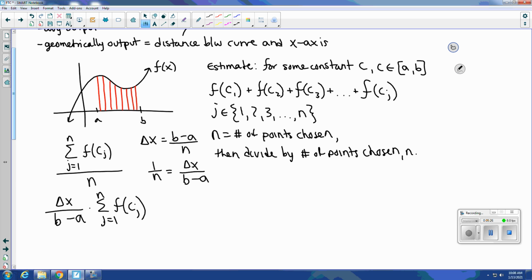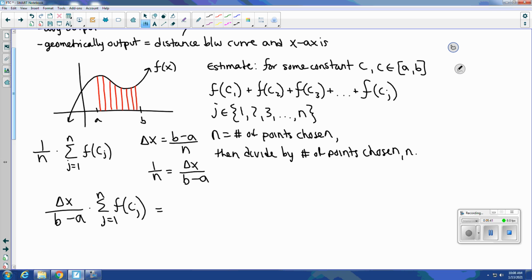So again, why is it multiplying? Well, dividing by n is the same thing as multiplying by 1 over n. So instead of dividing by n, we could have expressed our estimate formula in the following way. Now, here's the thing.